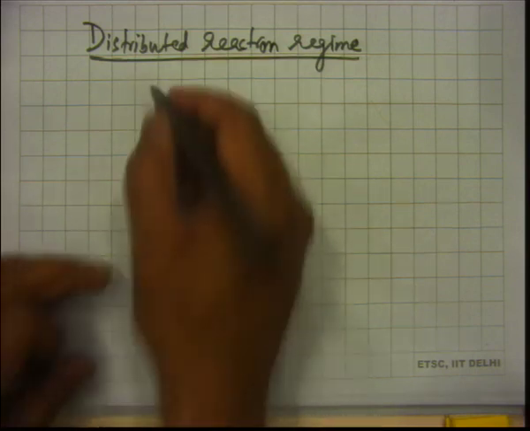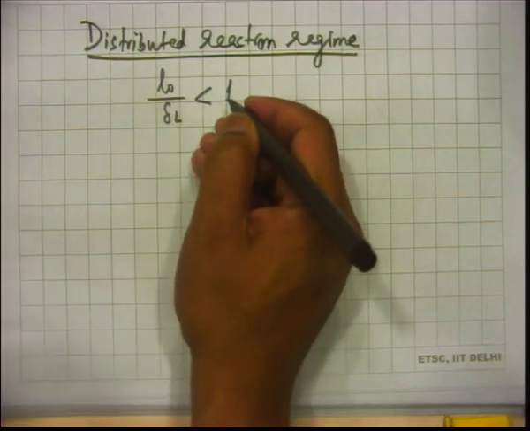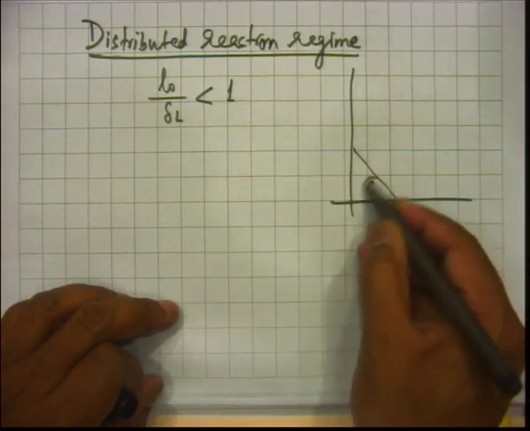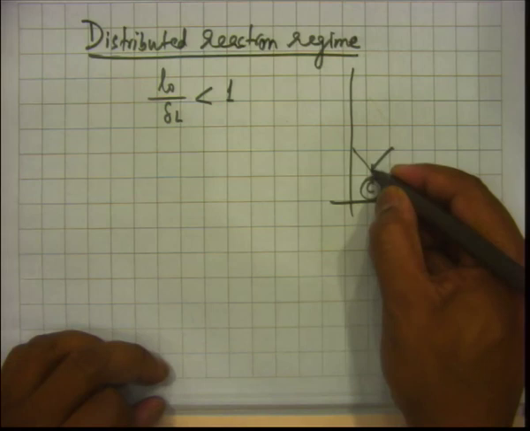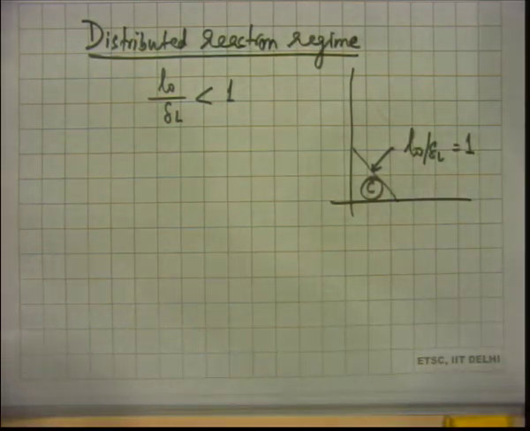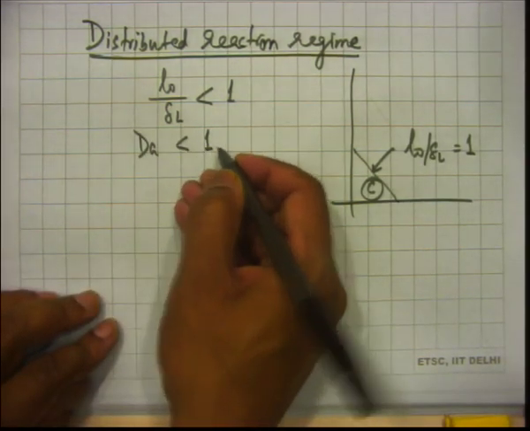So, in that we know that L0 by delta_L is less than 1. Okay. So, we are looking at this corner, right. This is C, and this line is L0 by delta_L equal to 1. L0 by delta_L has to be less than 1, and Damkohler number is less than 1.